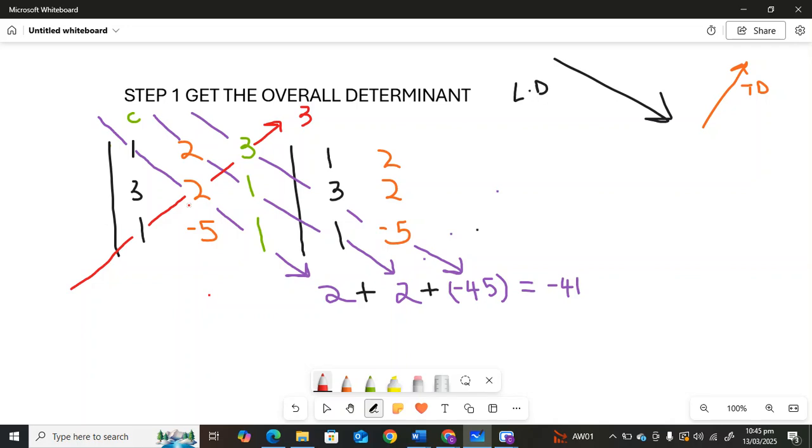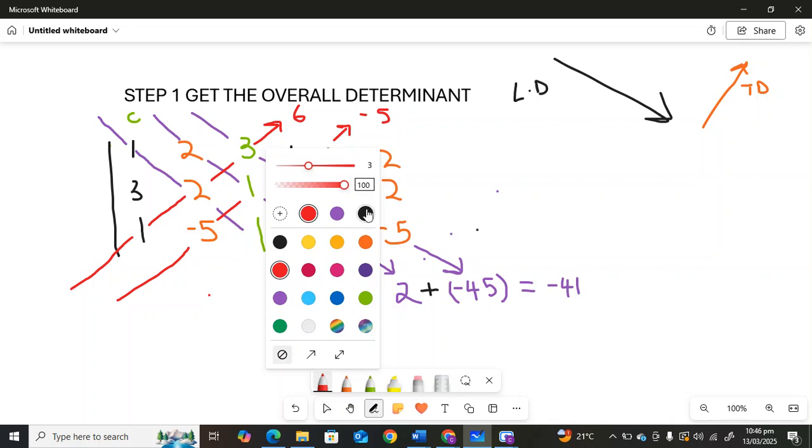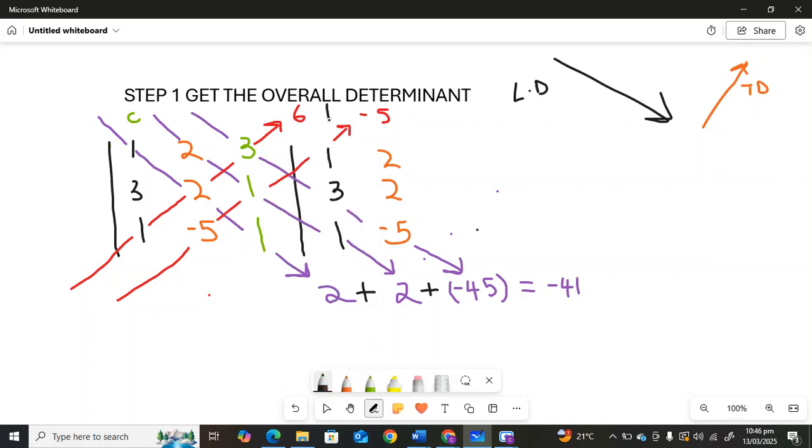So 1 times 2, that is 2. 2 times 3, that is 6. The next one, negative 5 times 1 times 1, that gives us negative 5. Let me just put here the plus sign.